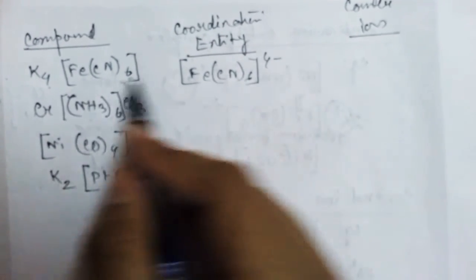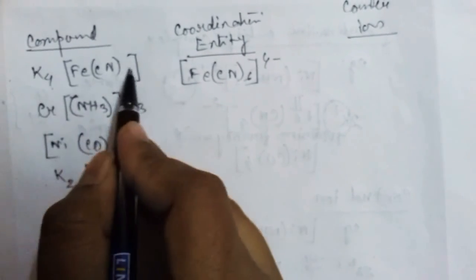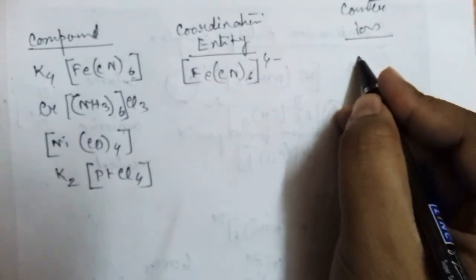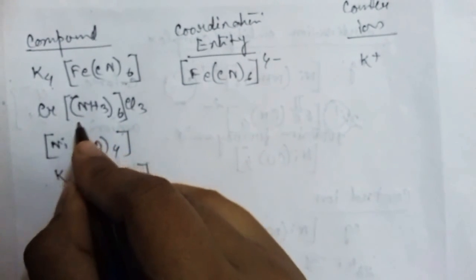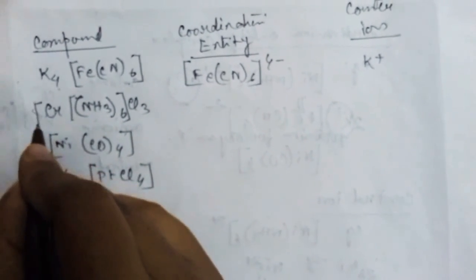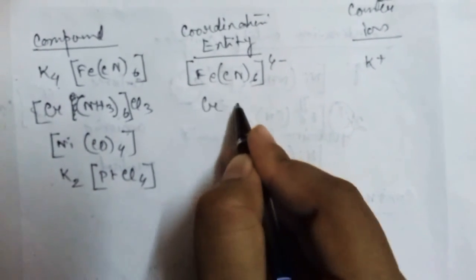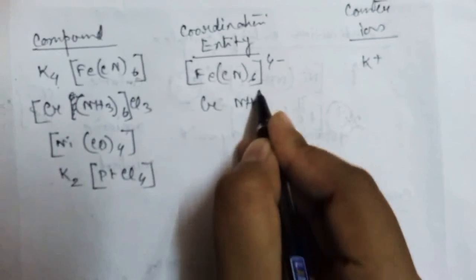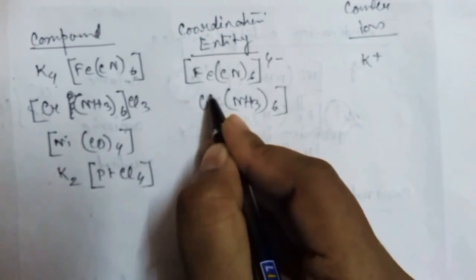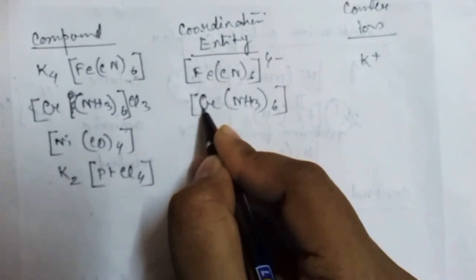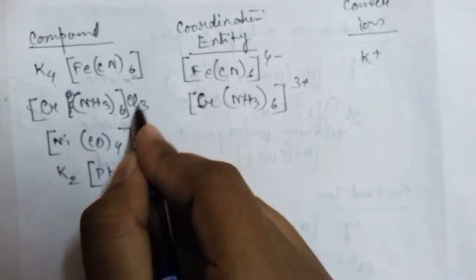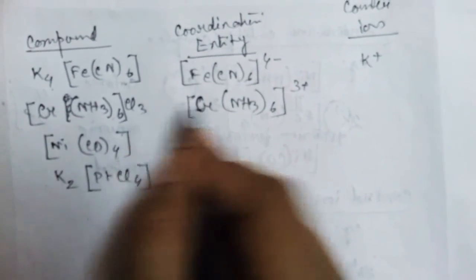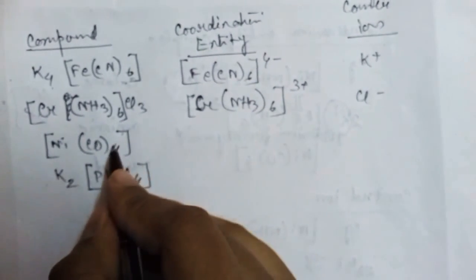And the counter ion is the potassium, right, outside the coordination entity, so there will be K plus as counter ion. Here the coordination entity is chromium hexaammine 3 plus, and 3 chlorides are outside the coordination entity, so chloride will be the counter ion.